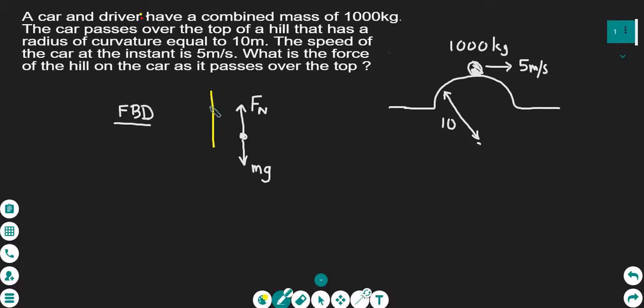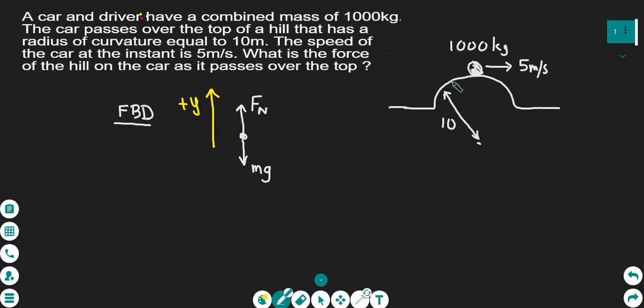I'm going to define upward direction as plus y. So then definitely you know that the downward direction is minus y. Okay, so I have used a convenient coordinate system where upward direction is the positive y direction.